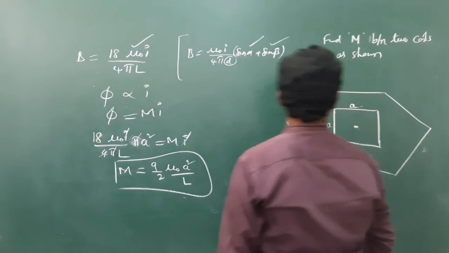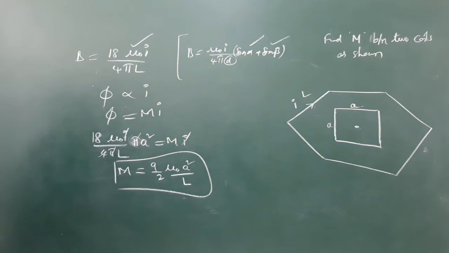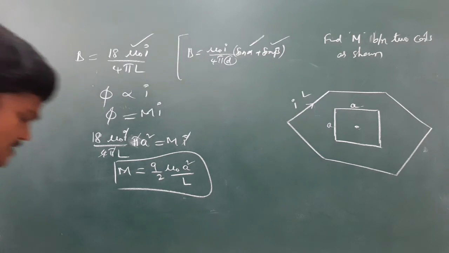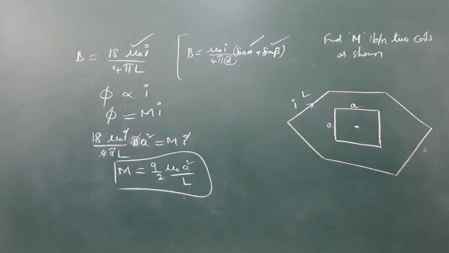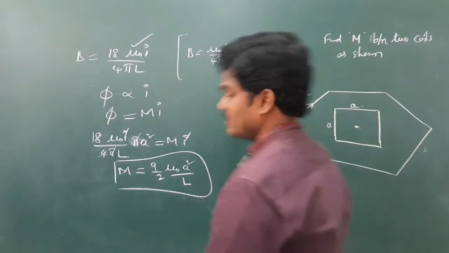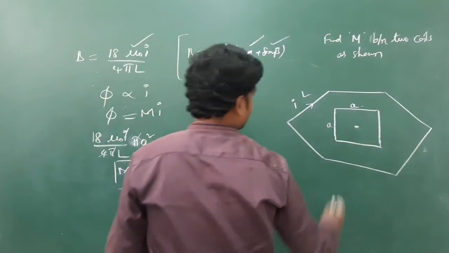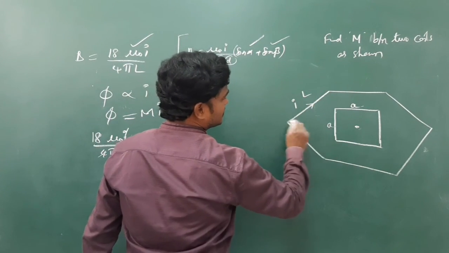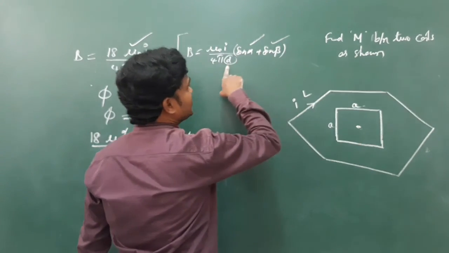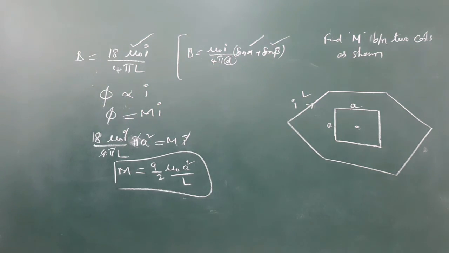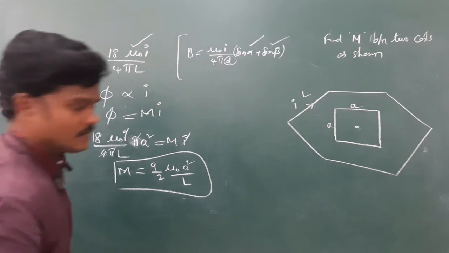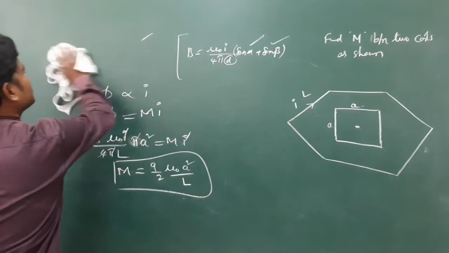Find the mutual inductance between these two. Here for the hexagon, I think you remember the formula. Take this is 30, 30, 30, 30. D is A. So recall the formula from moving charges and magnetism.